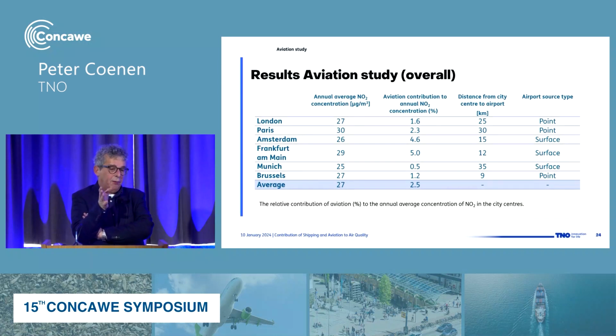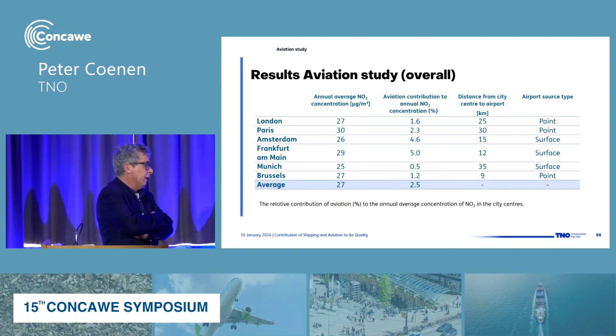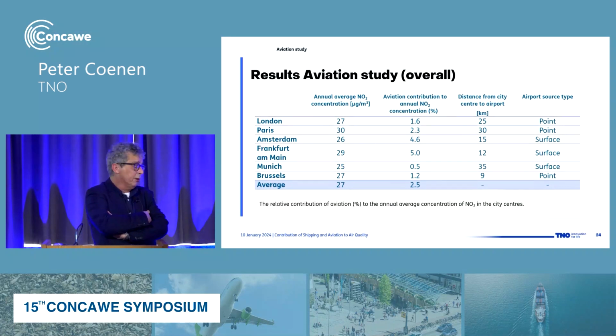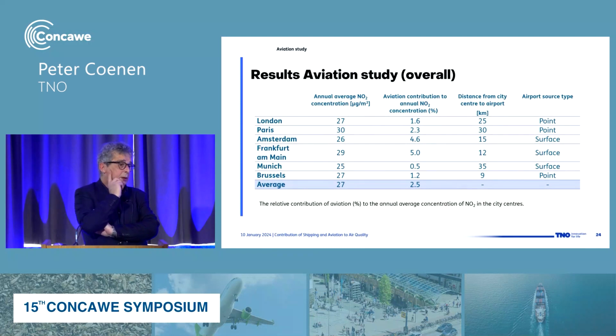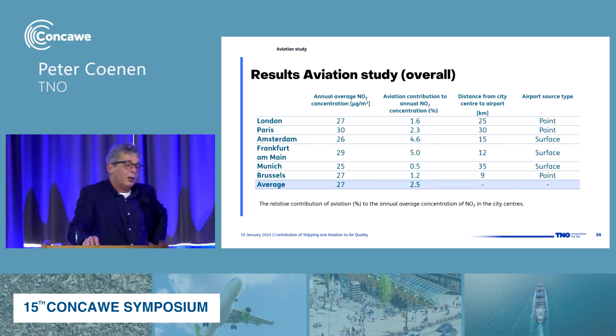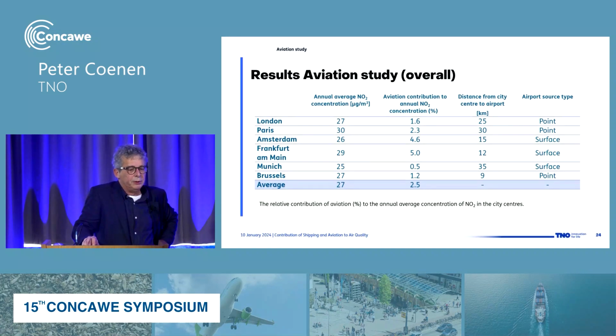And how big this contribution is depends of course on the distance to the airport. In some cities, like Amsterdam, the city center is far away from the airport, but in other cities, the airport can be very close to the city center. So it asks for a specific approach and analysis.